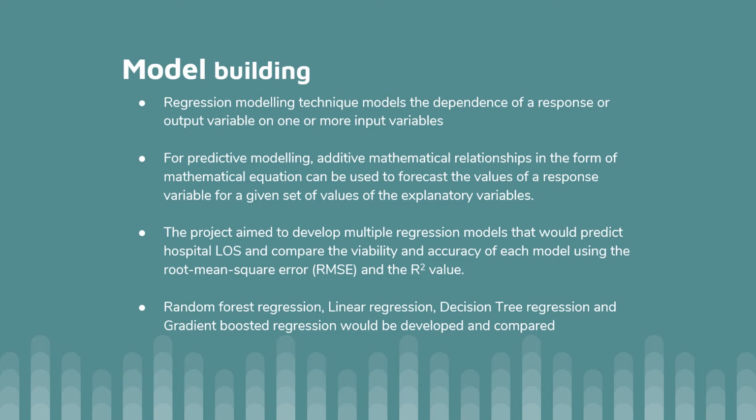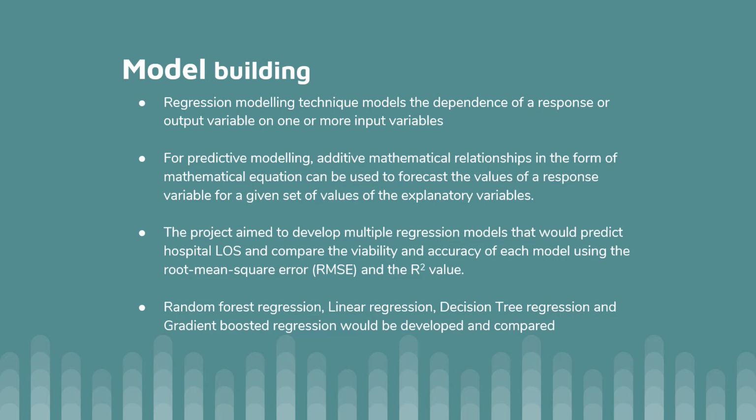In terms of R-square value, it could range from -1 to +1, whereas a -1 value reflects that there is a negative relationship between the response variable and the input variables, whereas a positive value would reflect that there is a positive relationship between the response variable and the input variables.